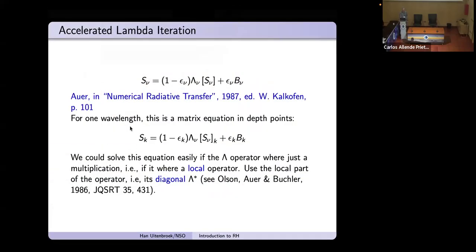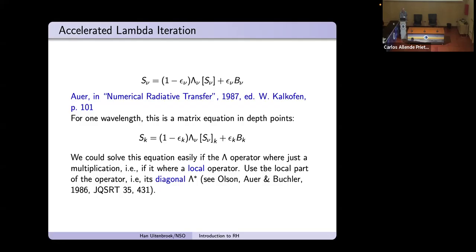Now, a very ingenious solution was found to this problem, in the sense that you can write this source function equation, for one wavelength, as a matrix equation over depth points. So we could easily solve this equation if the lambda operator were just a multiplication, i.e. if it were a local operator.